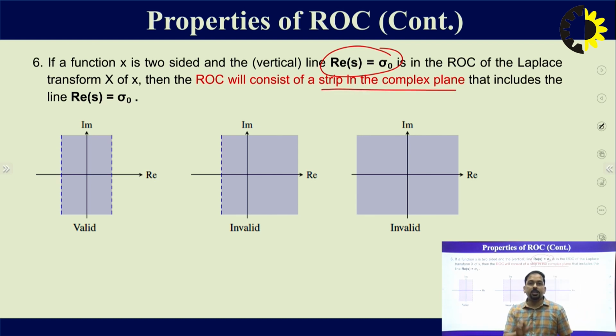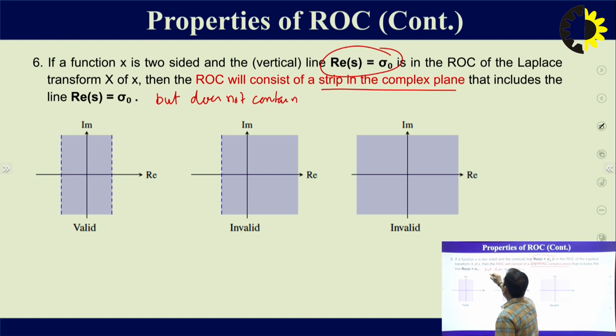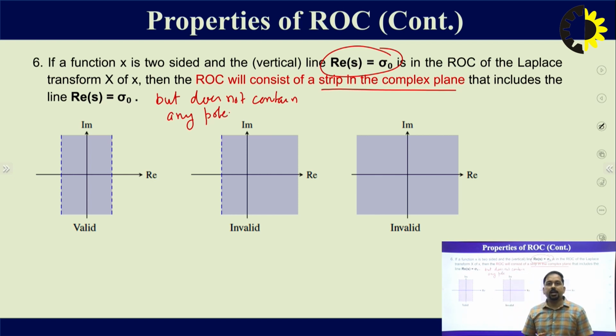The ROC is in the form of a strip in the complex s plane that includes the line real part of s equal to sigma naught, but does not contain any pole, because we have already seen in our previous properties that the Laplace transform does not converge at poles, it will become infinity. So the poles have to be excluded.